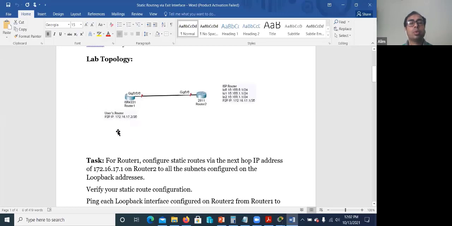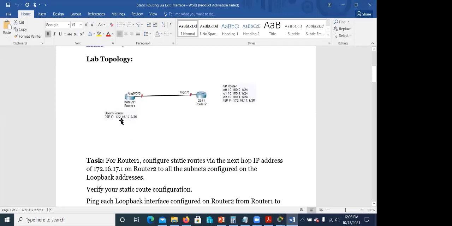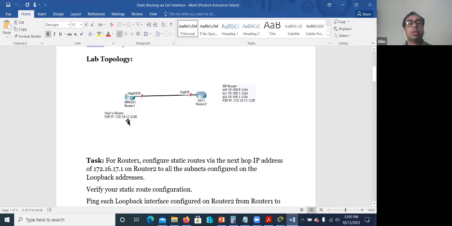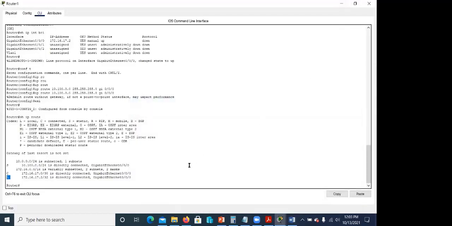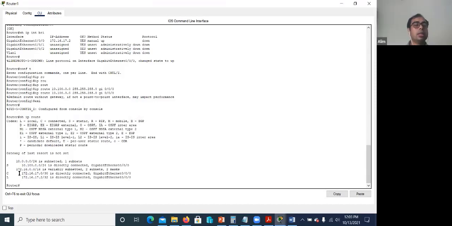In the diagram, we used point-to-point IP 172.16.17.1 on one side, .2 on another side. But what is the network? Network is 172.16.17.0/30, right? Yes, sir. It is the network. Why use /30? To reduce the IP address wastage. We use /30. That is, this network is connected network.